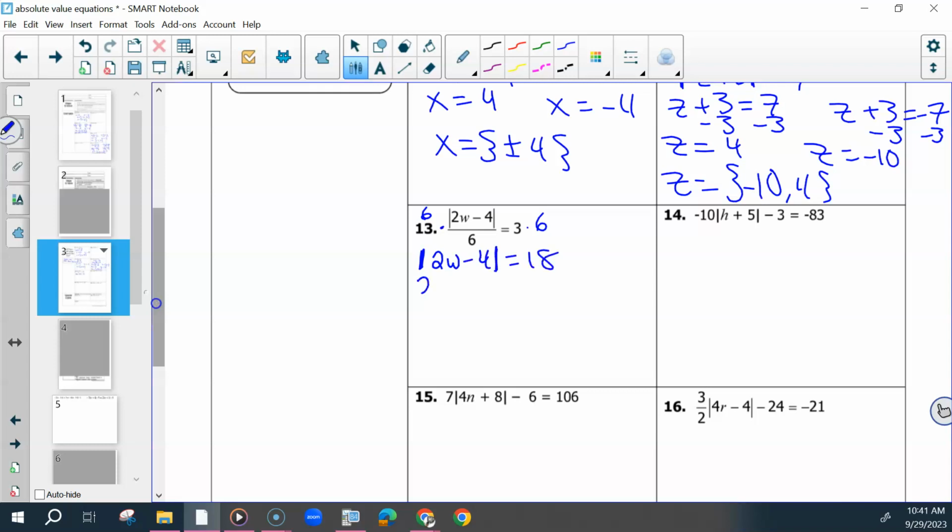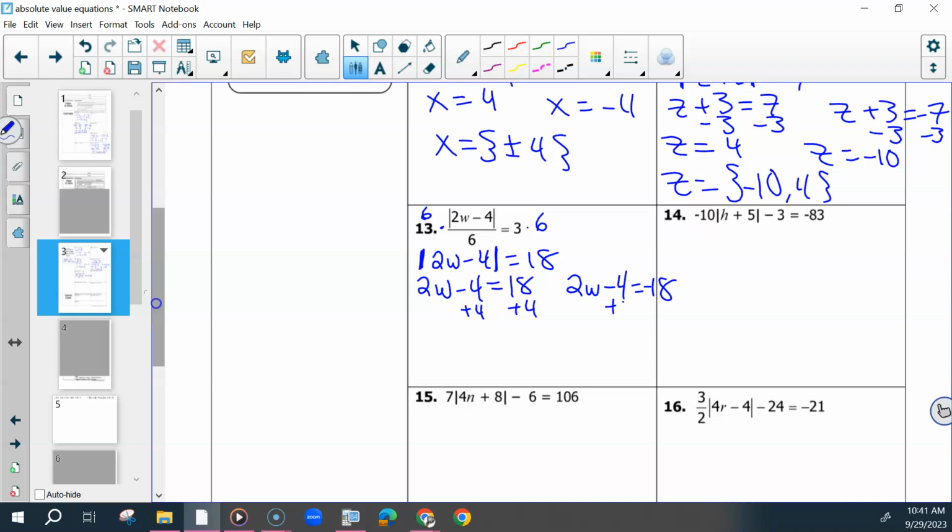Drop absolute value, 2w minus 4 equals 18, and set it equal to a negative 18. Okay, if you forget the negative version, you have lost half of your work and half of your answer. So make sure that you set it equal to both.